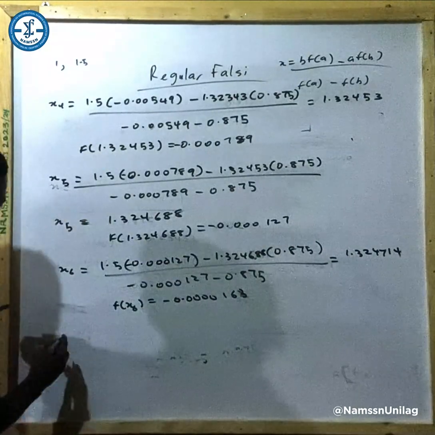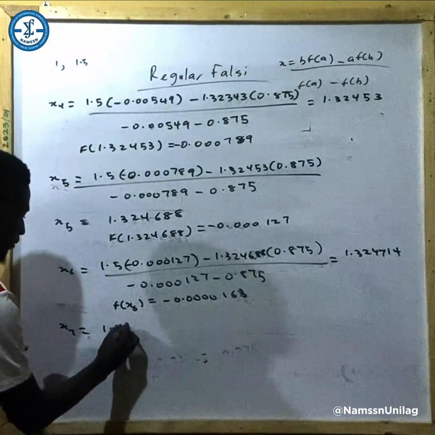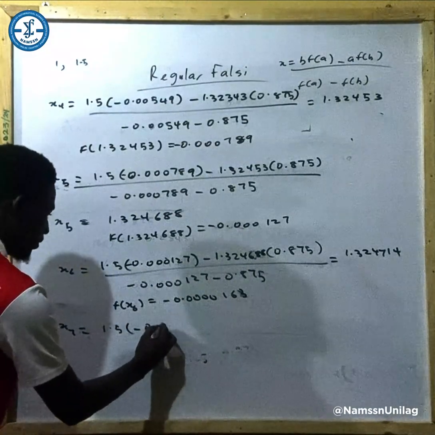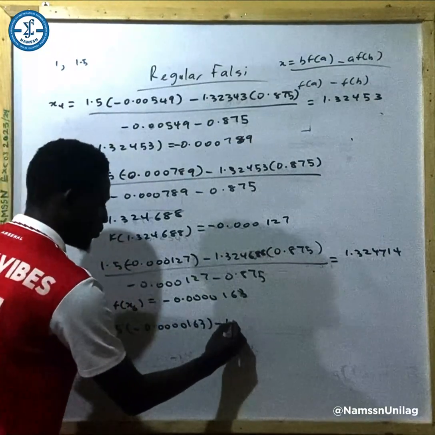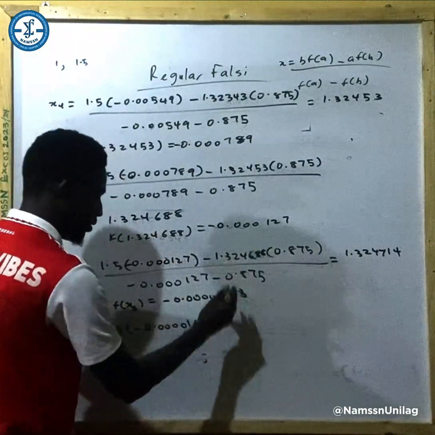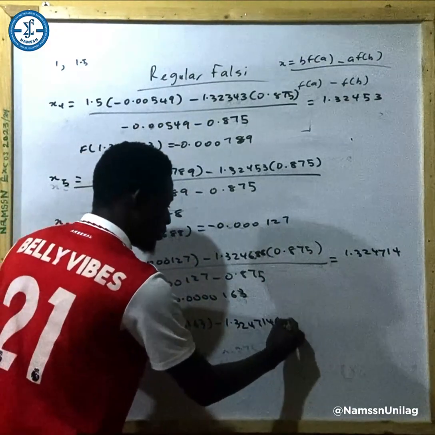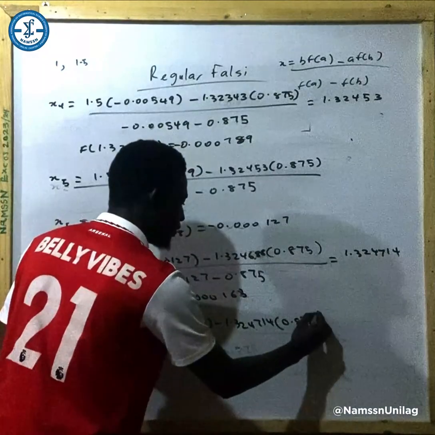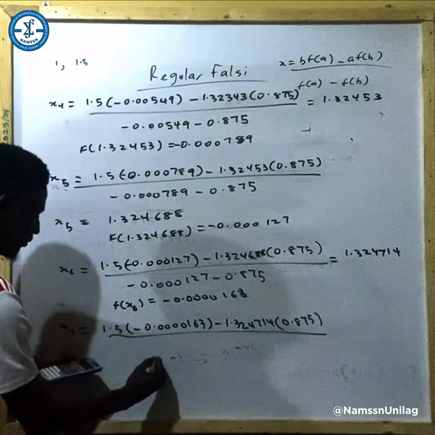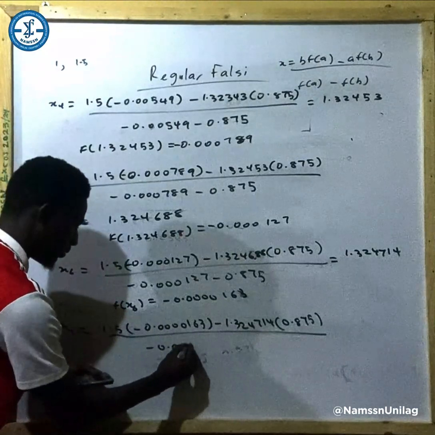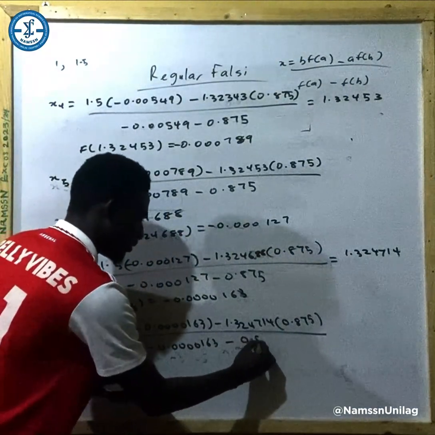And for x7, you're going to be replacing 1.5 into bracket minus 0.000163 minus 1.324714 into bracket 0.875 over minus 0.000163 minus 0.875.